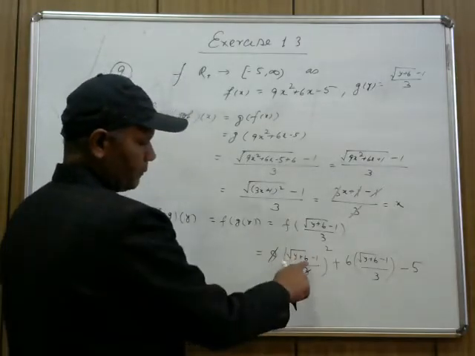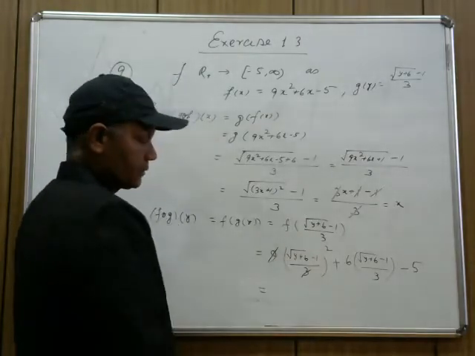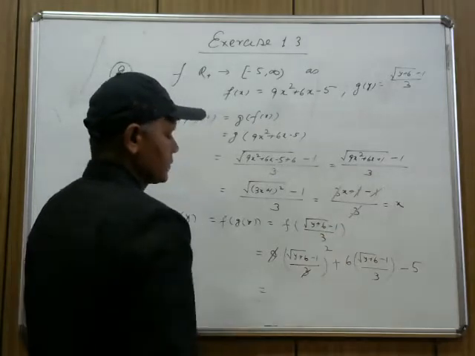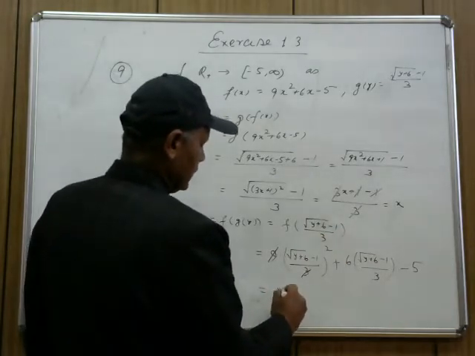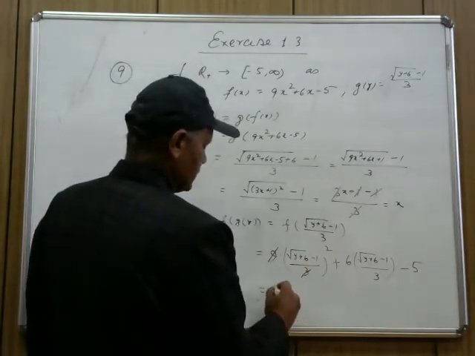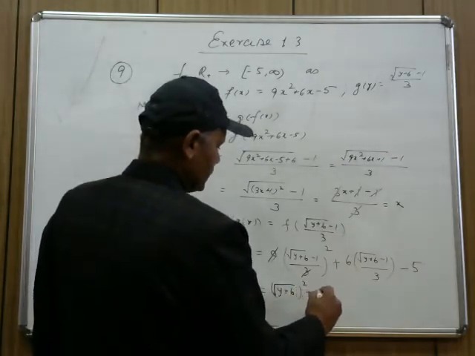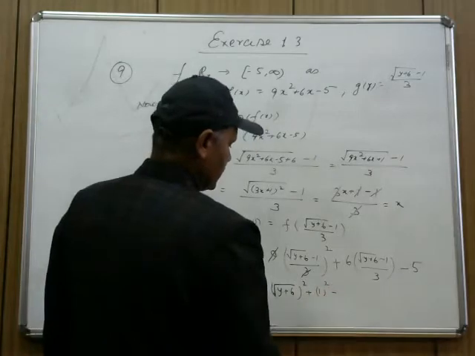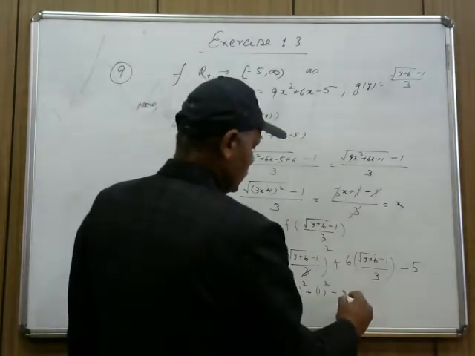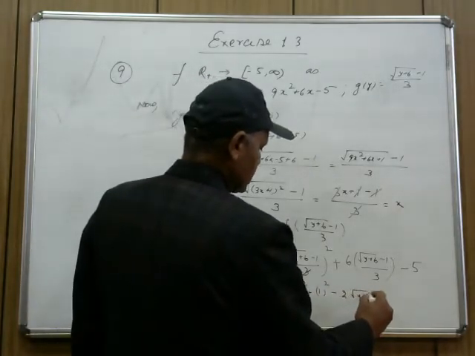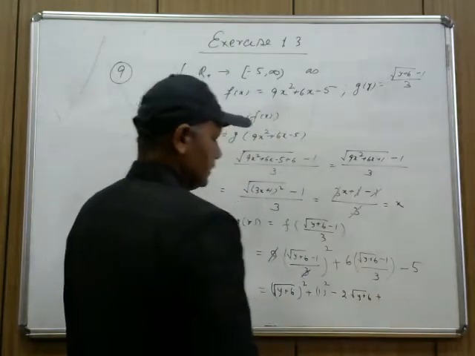Now under root y plus 6 minus 1 whole square, if I square it, I will get y plus 6, plus 1 whole square, minus 2 under root y plus 6. This part is done.